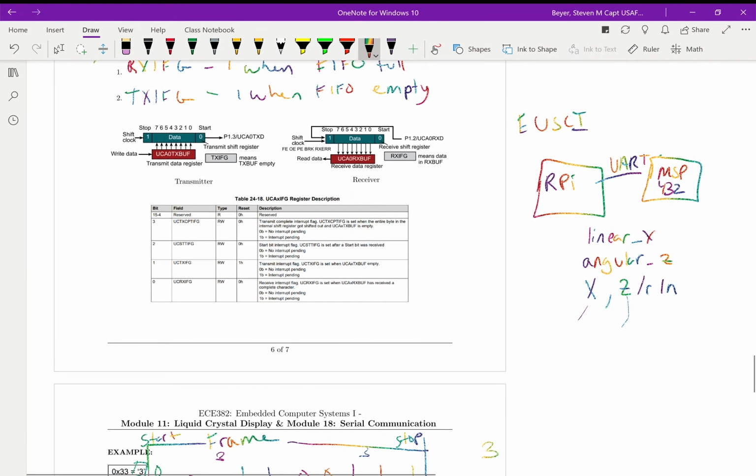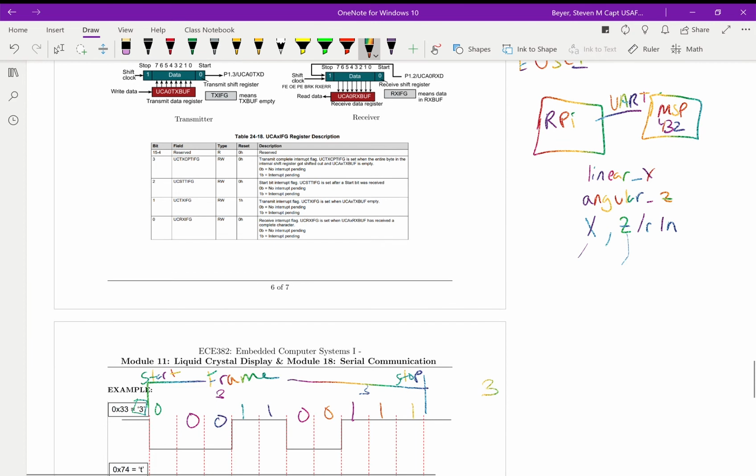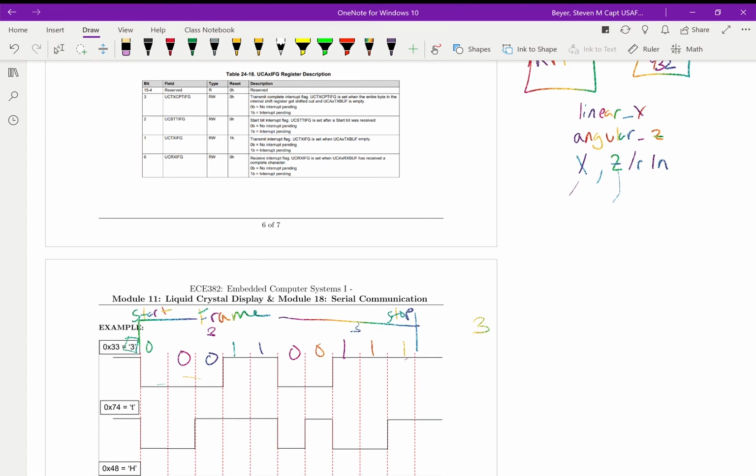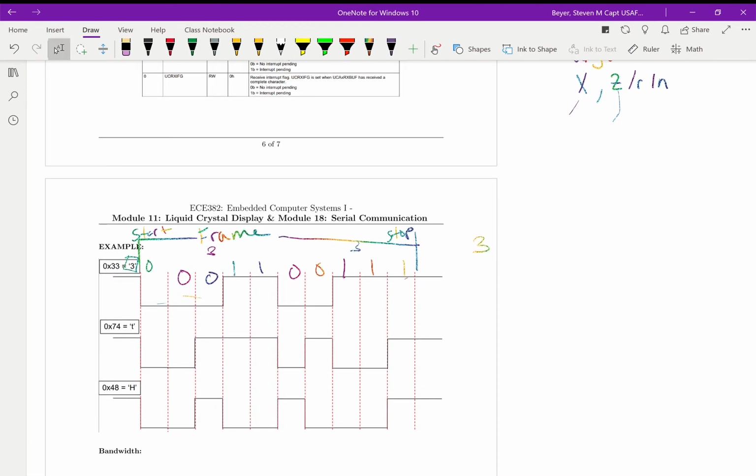But what to note here is that data is coming in from right to left. So this bit gets sent first, then this bit, so on and so forth, and this bit is sent last. So this is not the order at which we got the bits. This is just an easy way to visualize it so that we can then convert it to hexadecimal and ASCII.